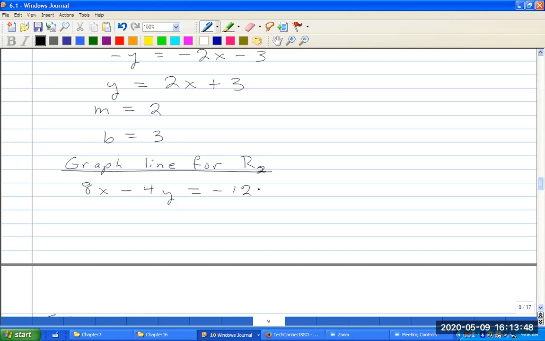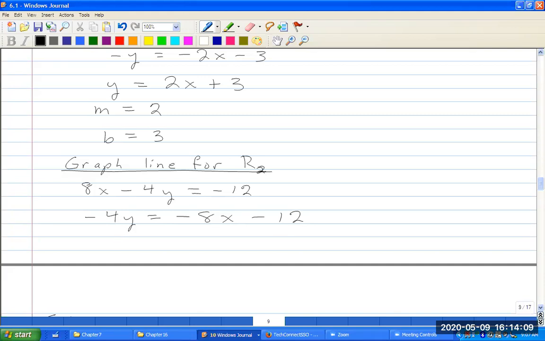Let's subtract 8x from both sides of my equation. Minus 4y is equal to -8x minus 12. Let's divide both sides of my equation by -4.